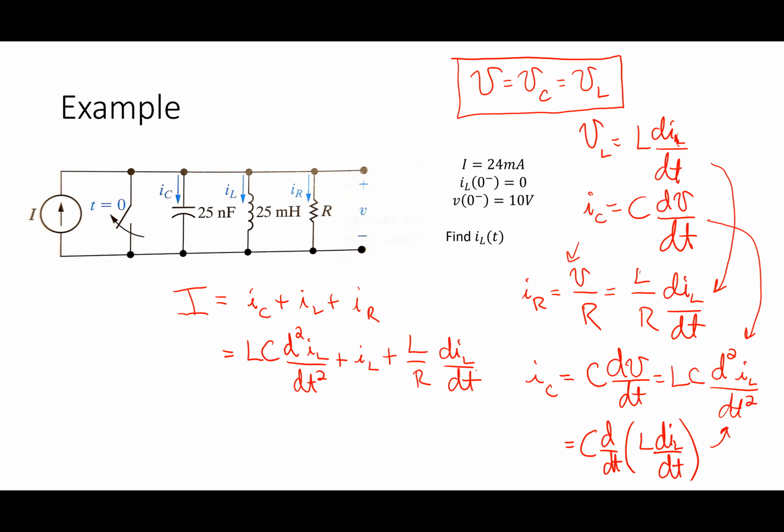Now, how do I get that into my standard form? Divide by LC. Divide both sides by LC.